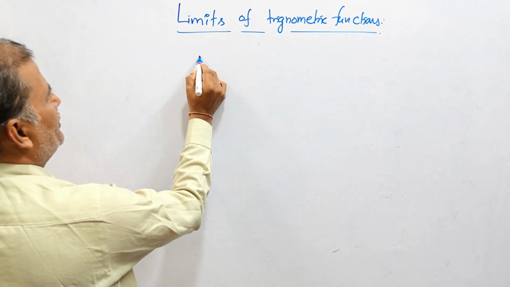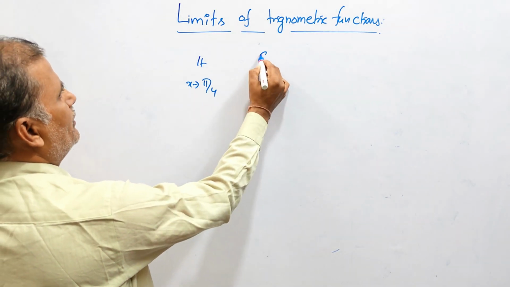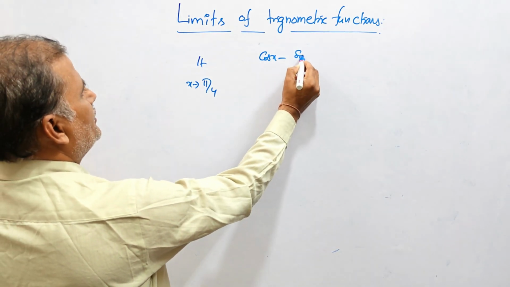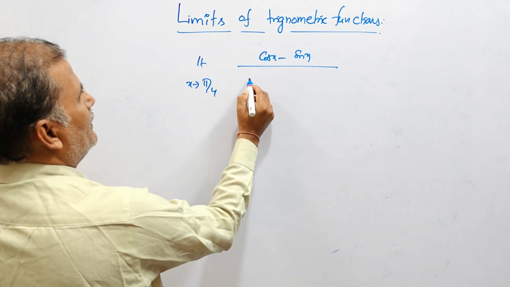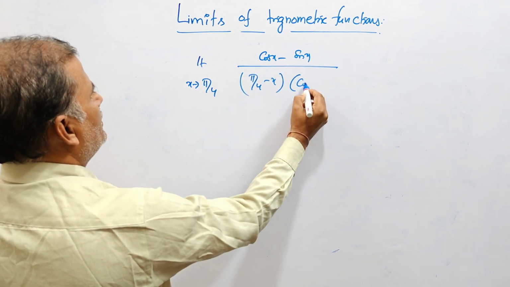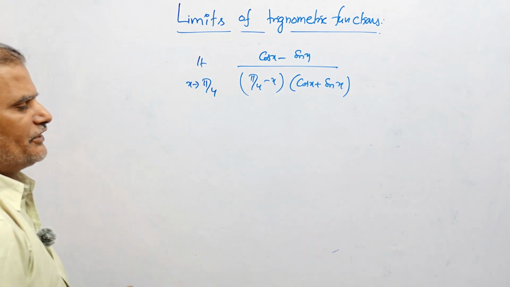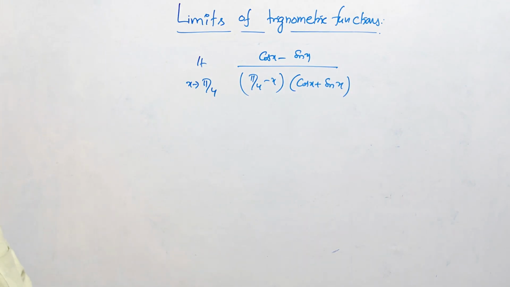And if you want to go to some bigger problem, limit x tends to pi by 4, very important, (cos x minus sin x) by (pi by 4 minus x) into (cos x plus sin x). Limit x tends to pi by 4, cos x minus sin x by pi by 4 minus x into cos x plus sin x.